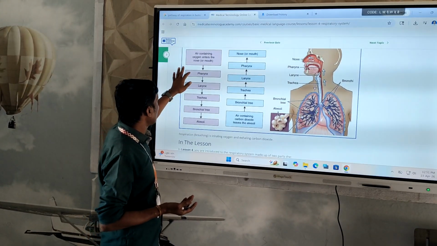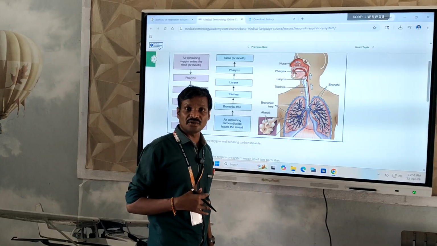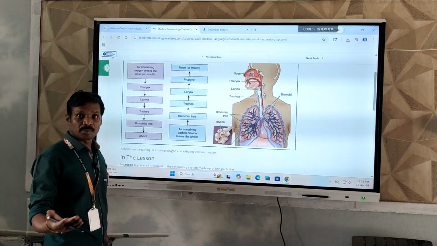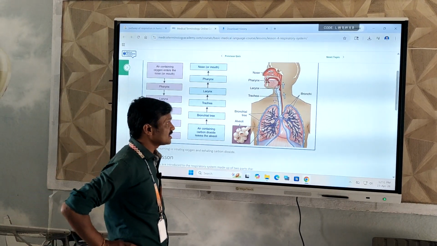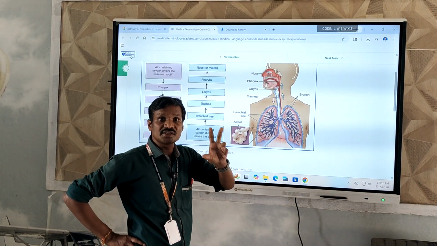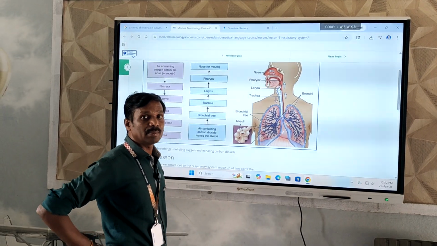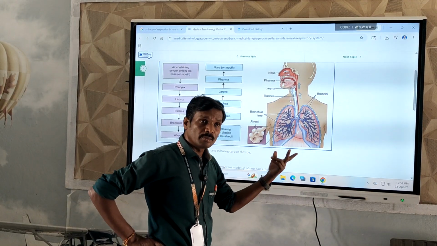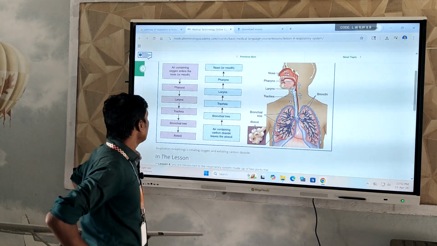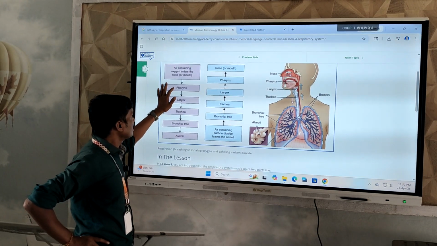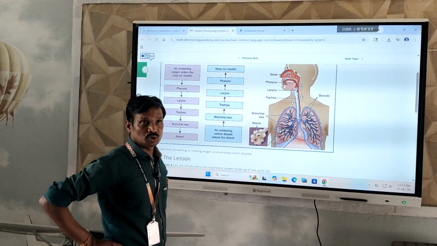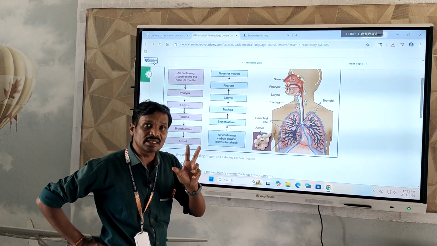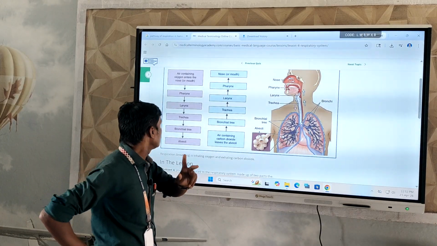The pharynx is a tricky structure which controls the food pipe and windpipe, where a special structure originates. That structure is called the epiglottis. The epiglottis is a flap-like structure that controls both the windpipe and the food pipe.